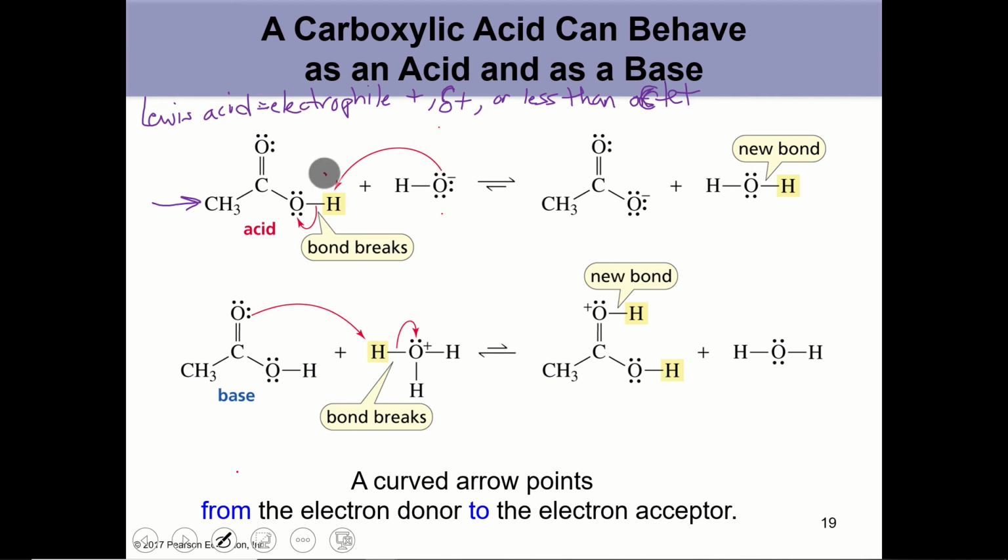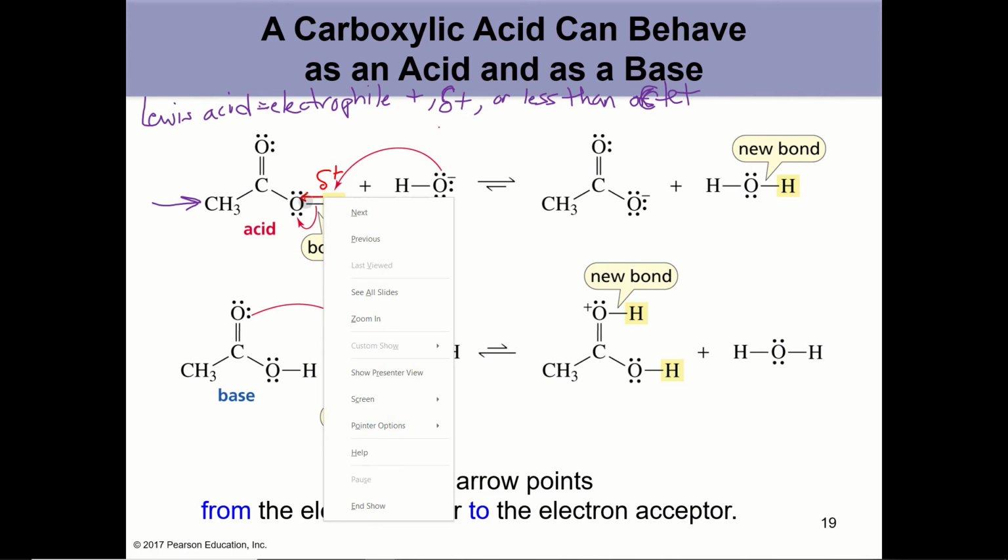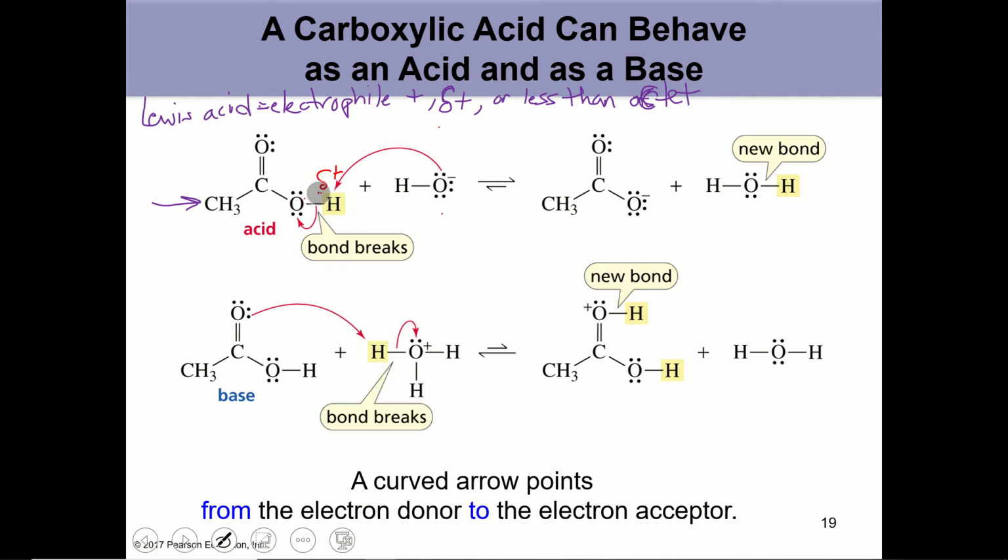And in this case, the proton is partially positive because of the polar bond to oxygen, where oxygen is much more electronegative than hydrogen. So when the carboxylic acid behaves as an acid, the partially positive hydrogen is the acidic atom.